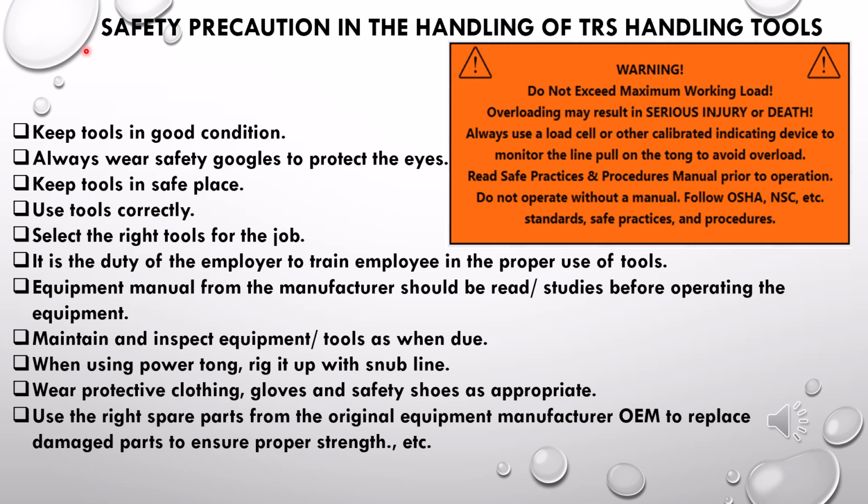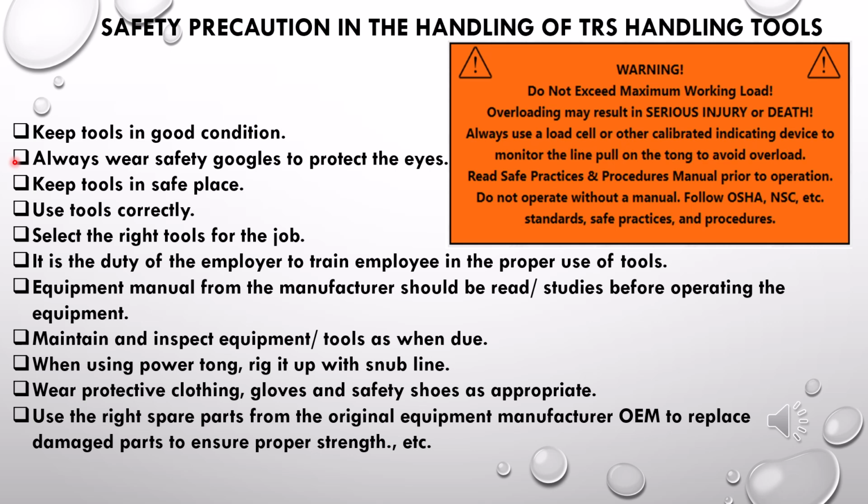So here's just a brief summary of the safety precautions when it comes to handling these tools. Keep tools in good condition. Always wear safety goggles to protect the eyes, of course, conforming to a PPE standard for the job, whether in the workshop or at site during the operation.